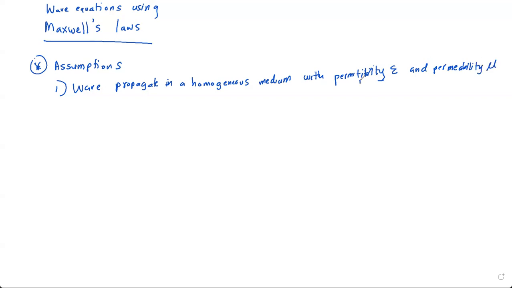So we are assuming that a wave will be propagating in a homogeneous medium with a certain permittivity epsilon and permeability mu.